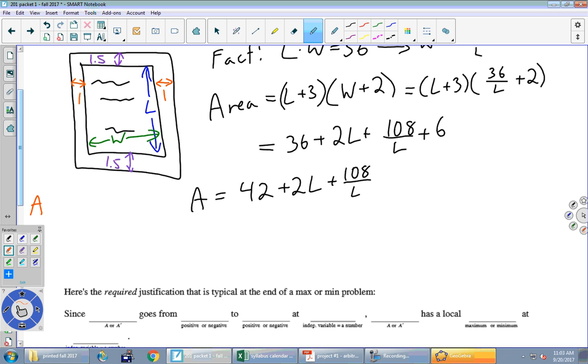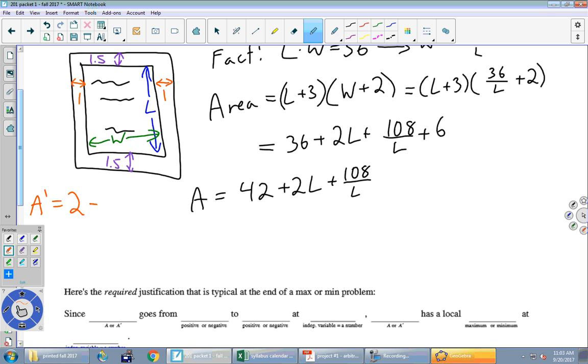So here we go. A prime equals, what's the derivative of the 42? 0. So we're not going to write that. Derivative of the plus 2L, just plain old 2. 108 over L. Yeah, this is one of the shortcuts I'm encouraging you to remember. A constant over x, we talked about that last time, is negative the constant over x squared.